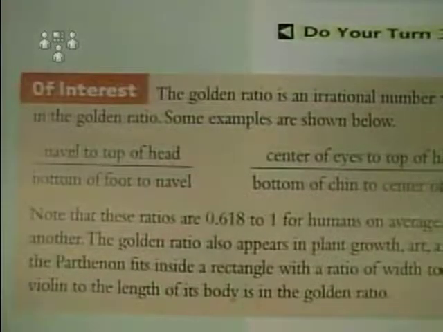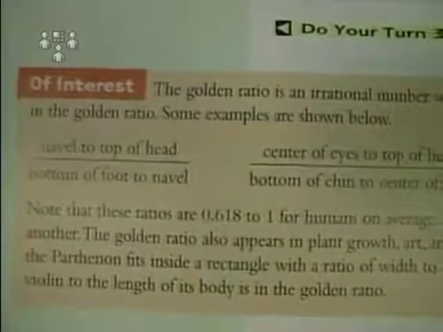Same argument. Here's the center of the eyes and the top of the head to the bottom of the chin. In art, we're getting a 0.618 instead of going for the 1.618. Shoulder to top of head, navel to shoulders.